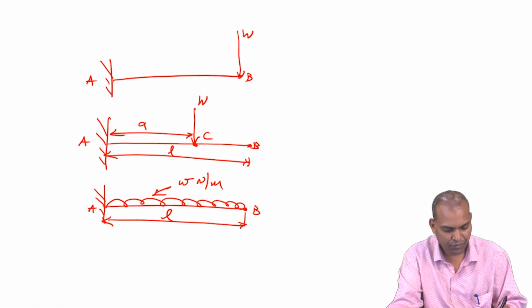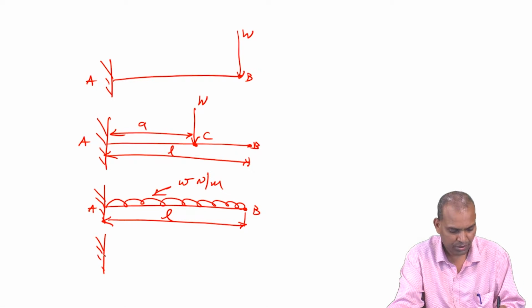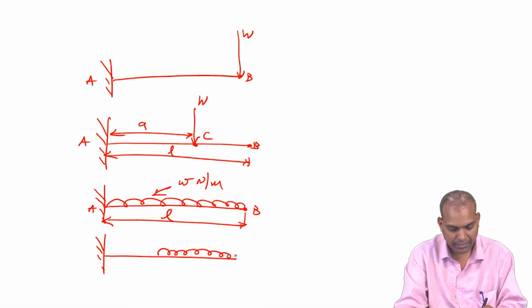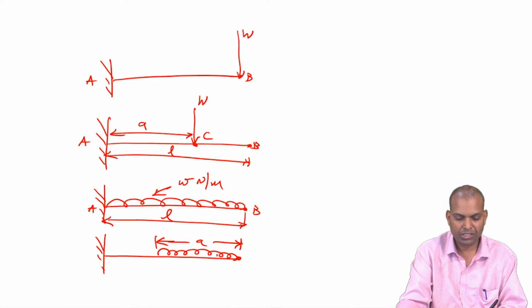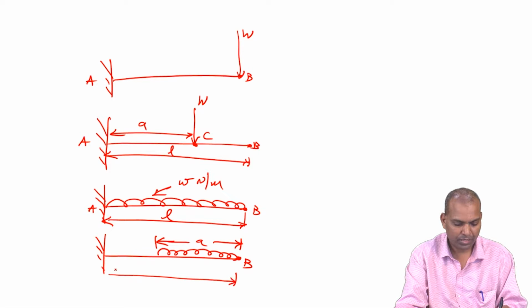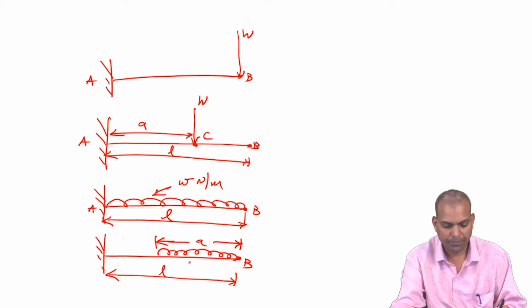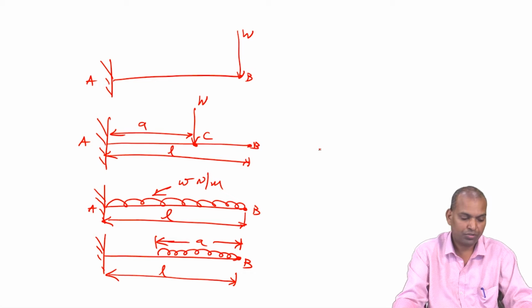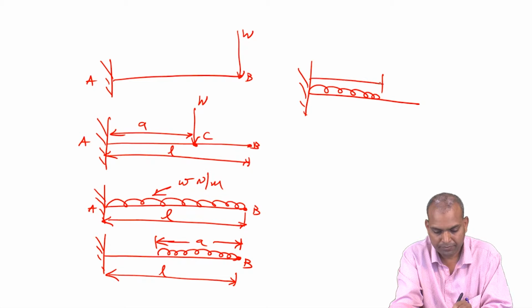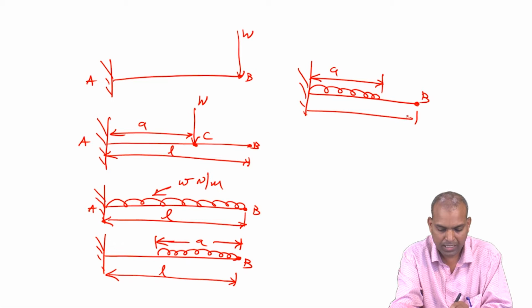The next case is a cantilever beam where the UDL is acting partially, over a distance of A. The origin of the distance is from the free support, but the length of the beam is L, the span of the beam. And the next case we are going to study is at a distance of A, with the point B and the length L.